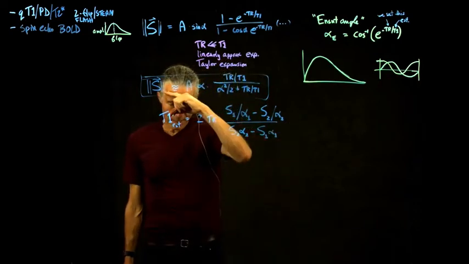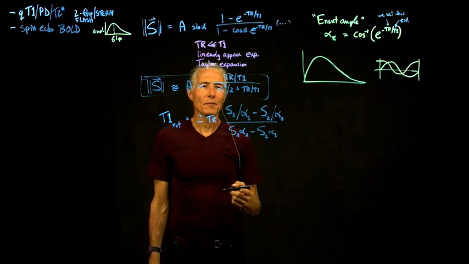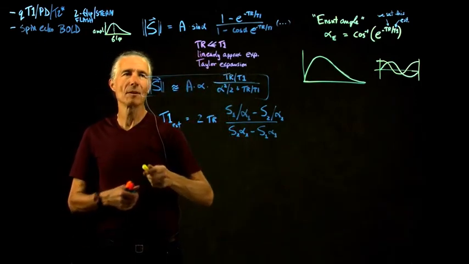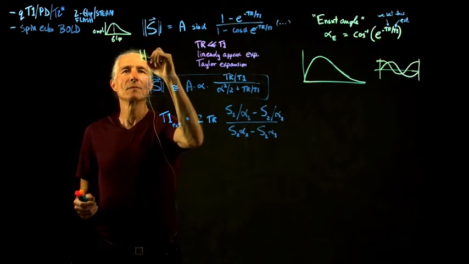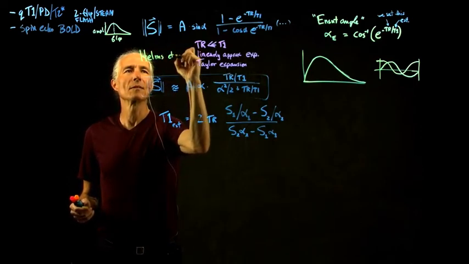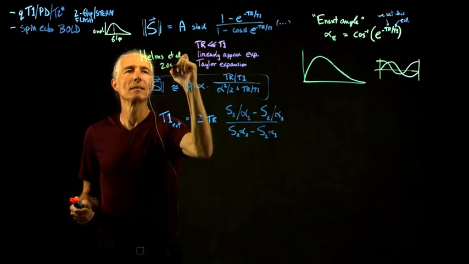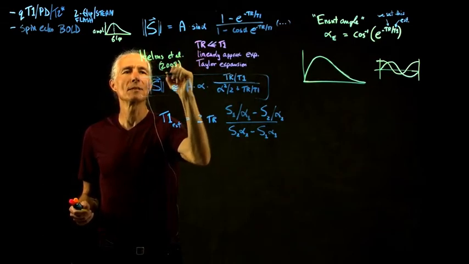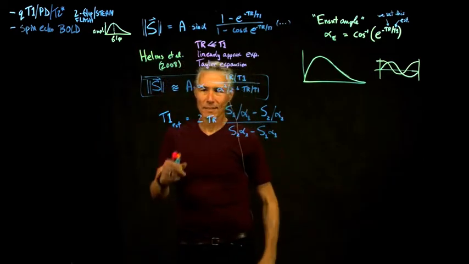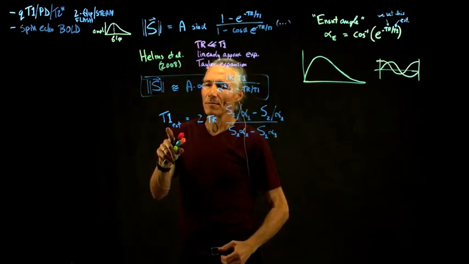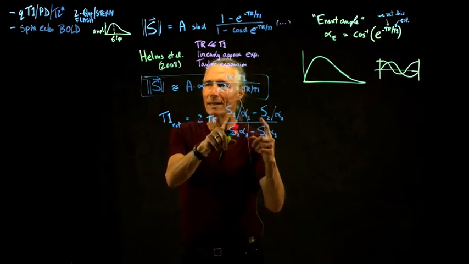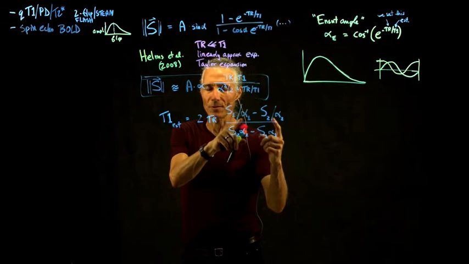There was a typo in the original paper. The paper I'm talking about here is Helms et al. 2008. I have it in the readings if you want to take a look. So that's solving this equation for T1 given 2 scans at 2 different flip angles.